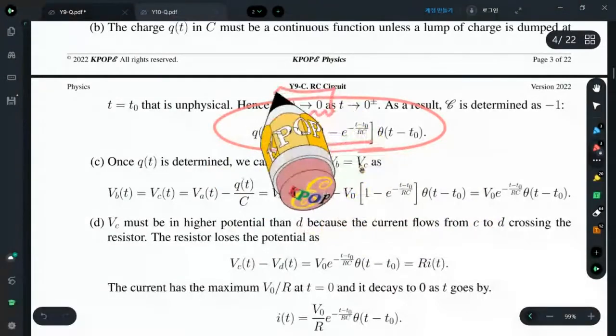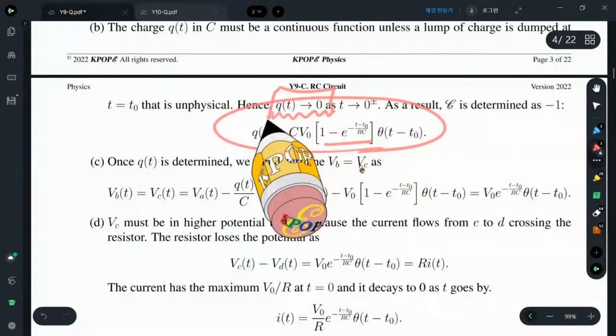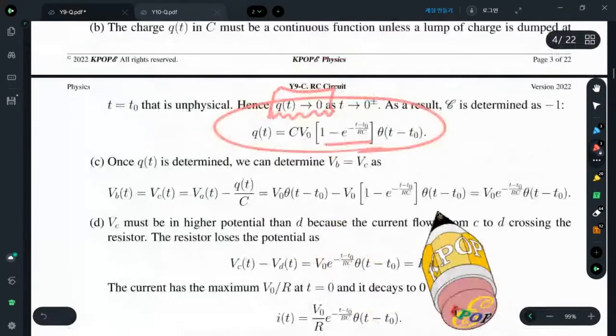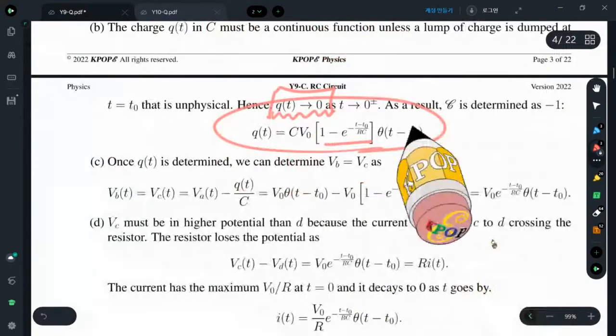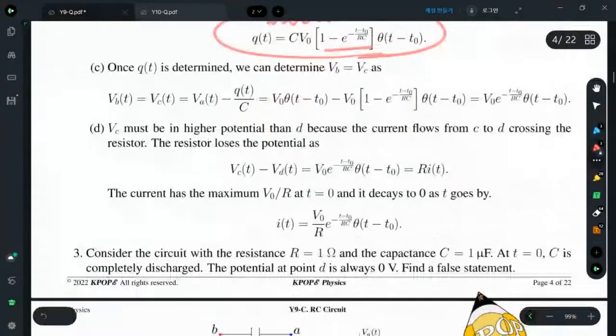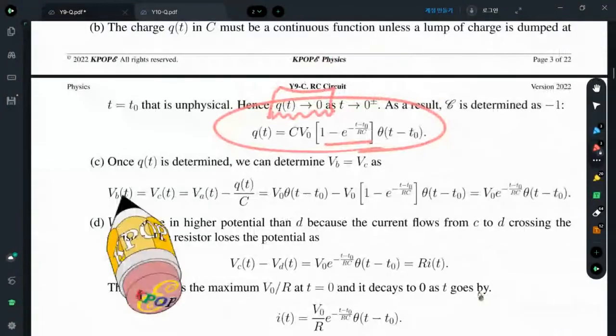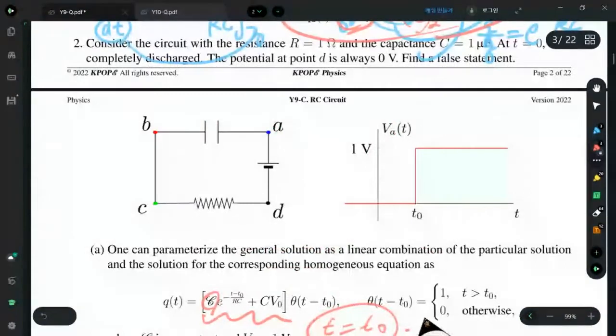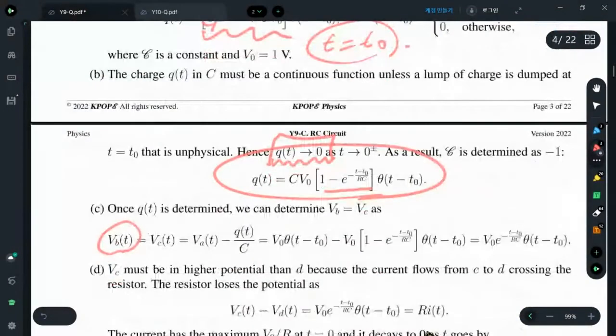Initially, there is no charge in the capacitor. Okay, by making use of this, we can do a lot of things. For example, the potential at B can be obtained.